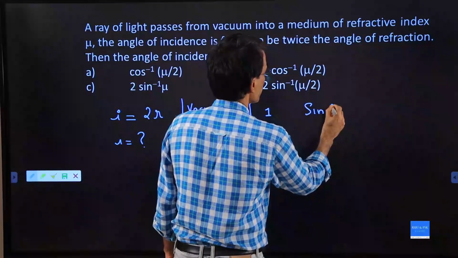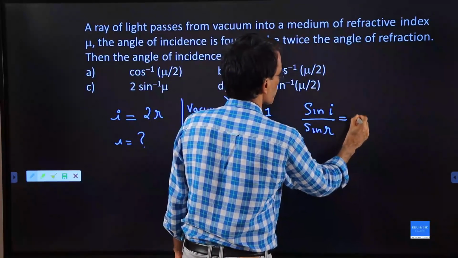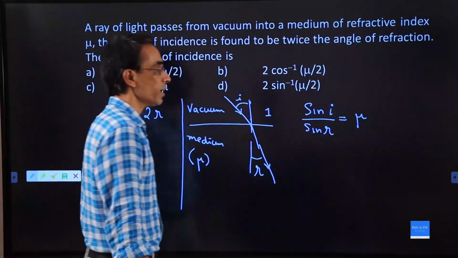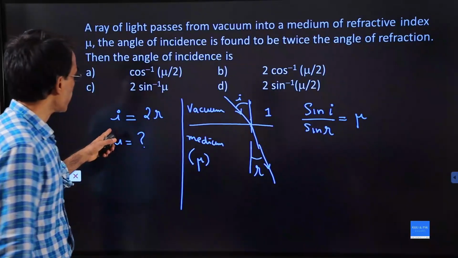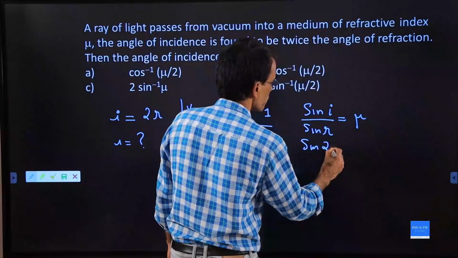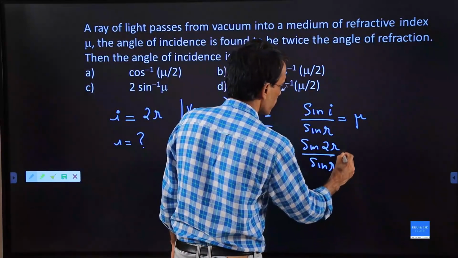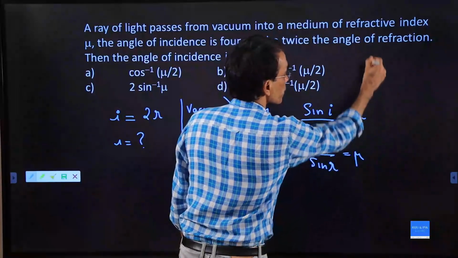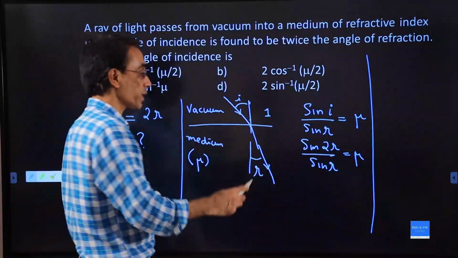sin I by sin R should be equal to refractive index of the denser medium mu with respect to vacuum. But if you know I equal to 2R, so I will write here sin 2R divided by sin R equal to mu. What is sin 2 theta? It is 2 sin theta cos theta.